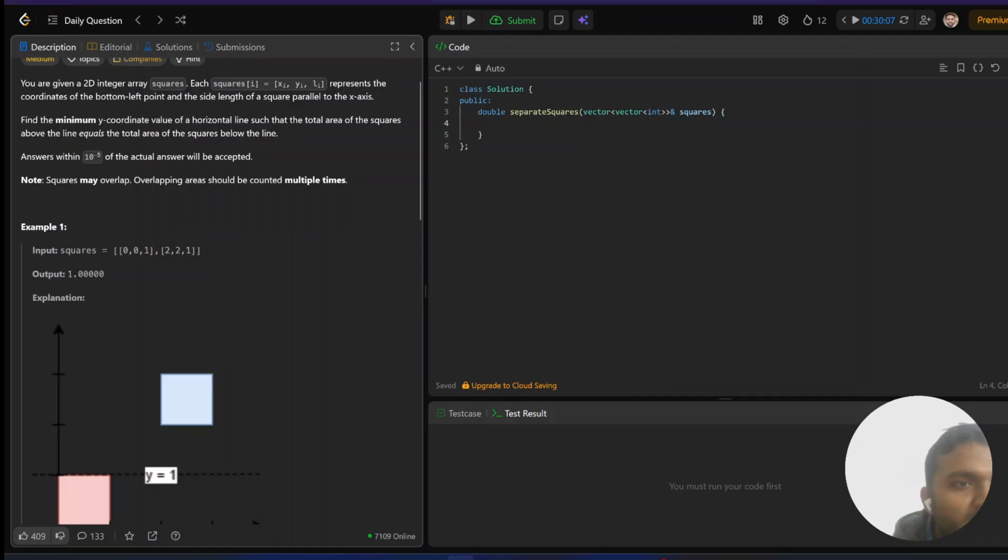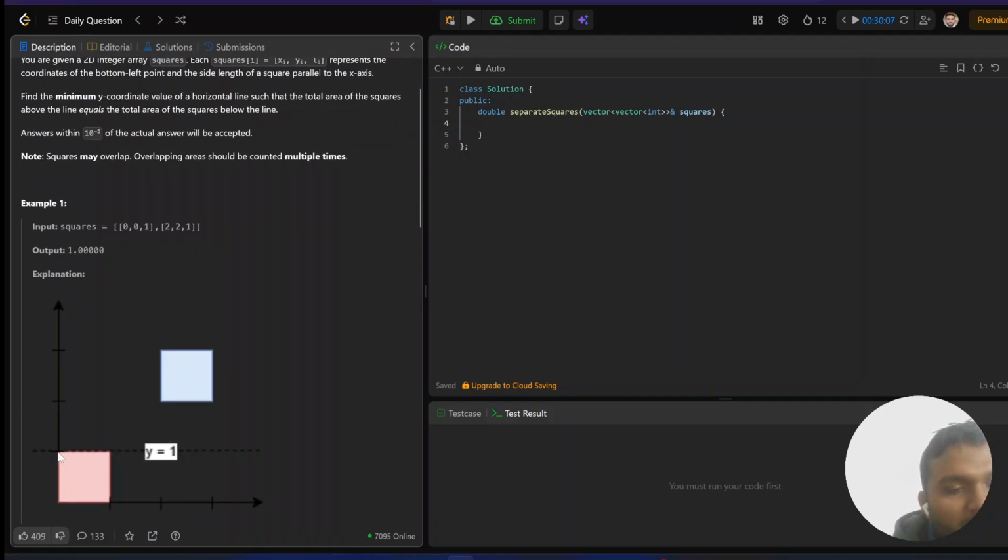So what do I have to do? I have to find the minimum y coordinate value of a horizontal line. There is a horizontal line, parallel to the x-axis, and I have to find its y coordinate, so that the total area of the squares above the line equals the total area of the squares below the line. I have to return a y coordinate value.